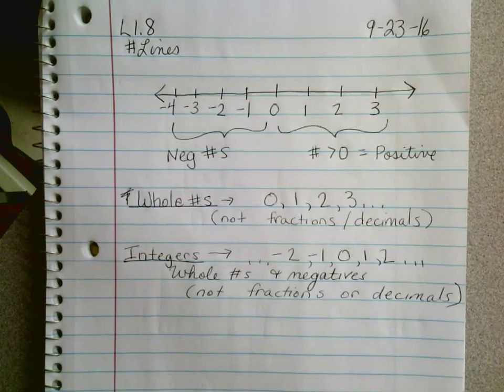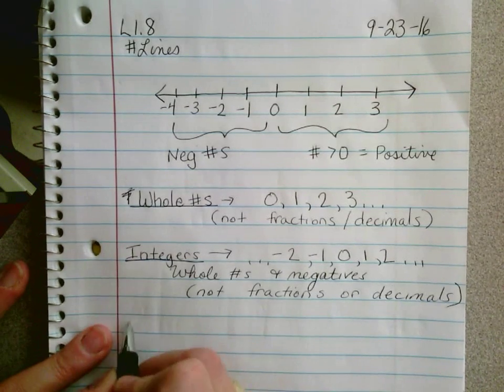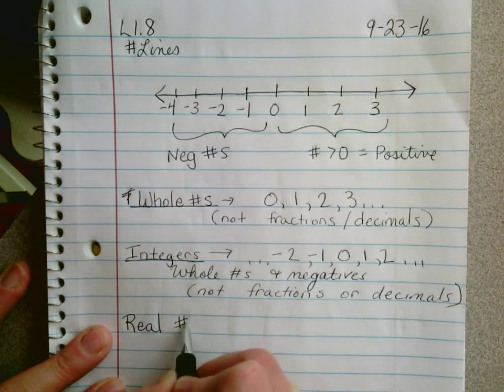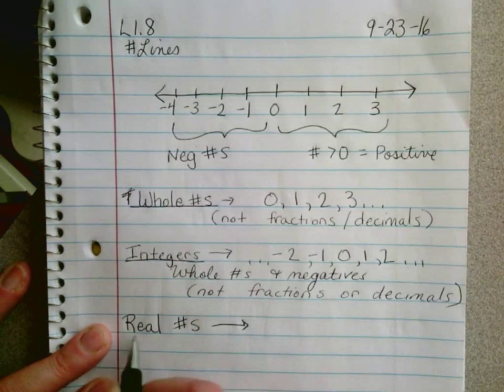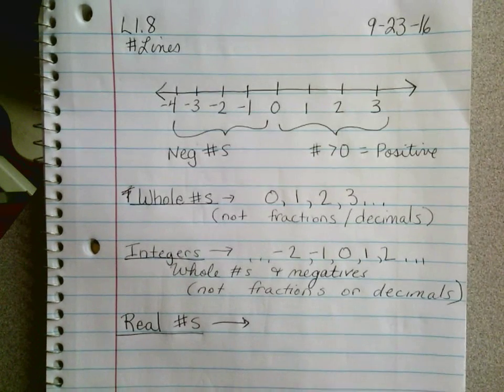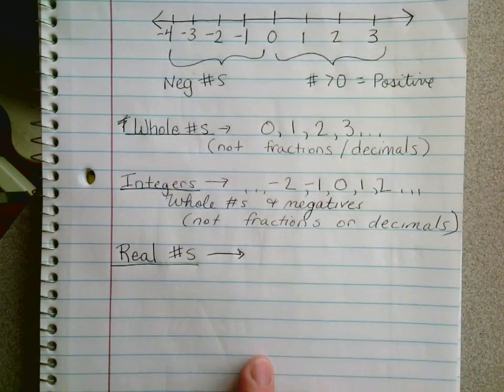If we move on to one final definition, and it's real numbers. And yes, guess what? There are imaginary numbers in the universe of math. But real numbers, my friends, real numbers is every number you can think of. Okay?